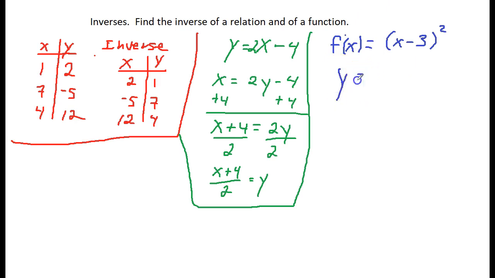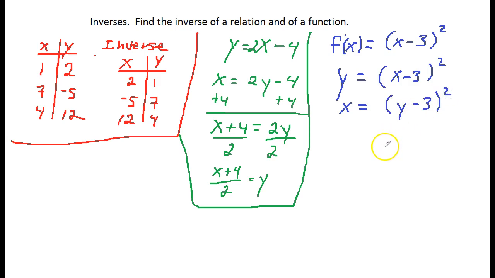So I have y equals x minus 3 quantity squared. Then we do just like we did with the green one here. We switch x and y. So I say x equals y minus 3 quantity squared. And then we solve this for y.